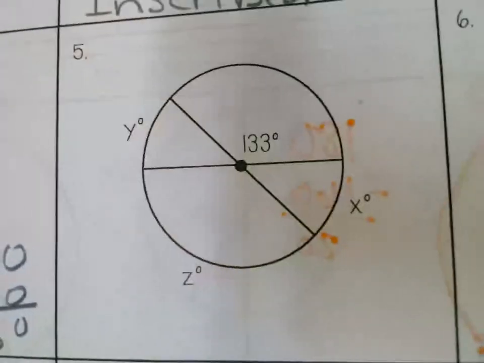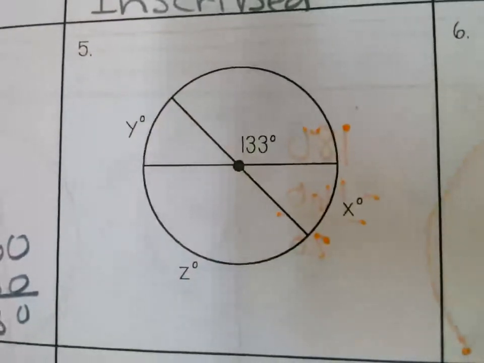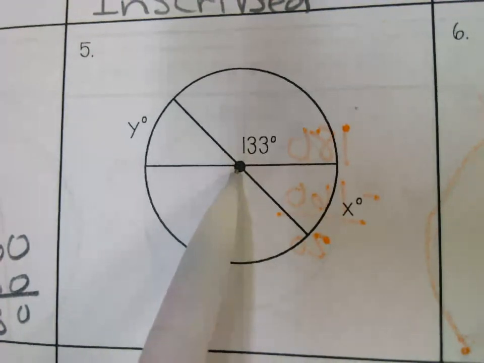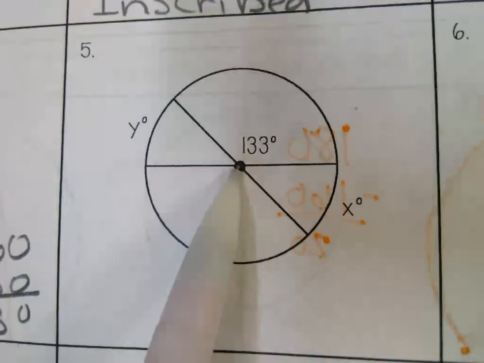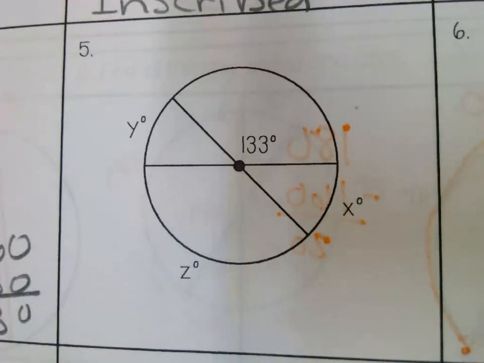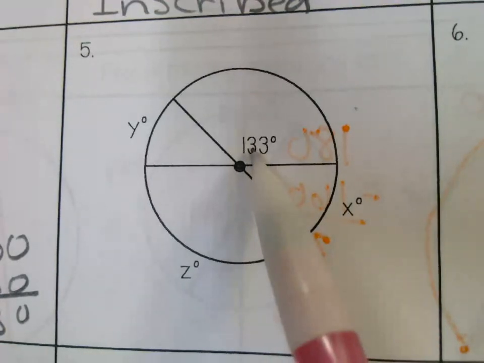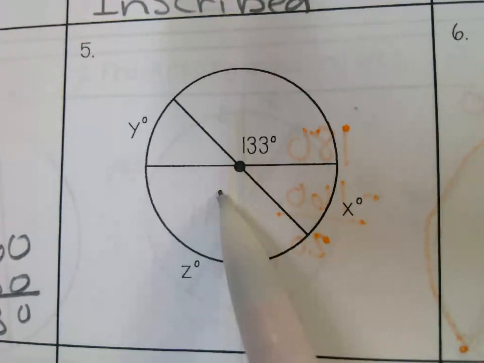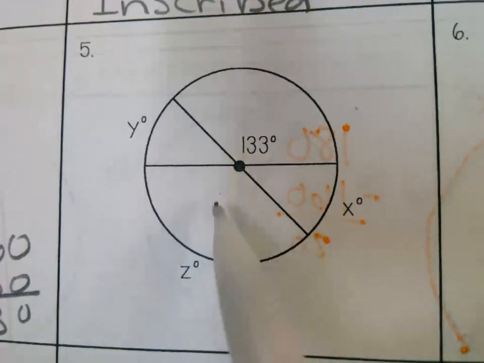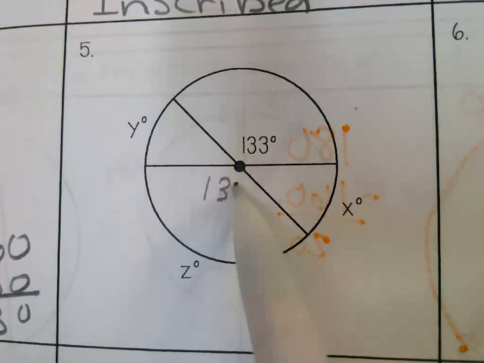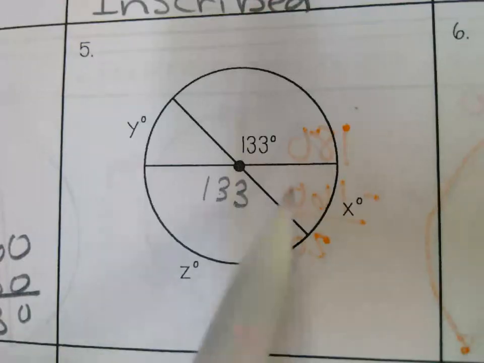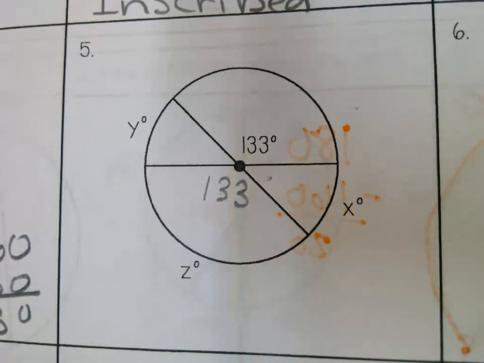Okay, number 5. Is this a central or an inscribed angle? Central, because my vertex is right there at the center. Now we're going to use a little bit of things that we've already learned this year. This is 133. What does that mean the measure of this is going to be? 133, because they're opposite angles. So how do I find this angle here?